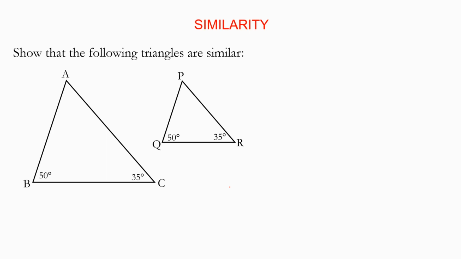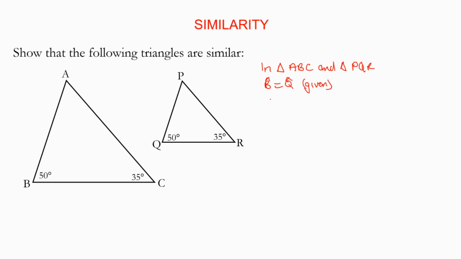Show that the following triangles are similar. So we have triangle ABC and triangle PQR. We can see that angle B is equal to angle Q. We're given that.